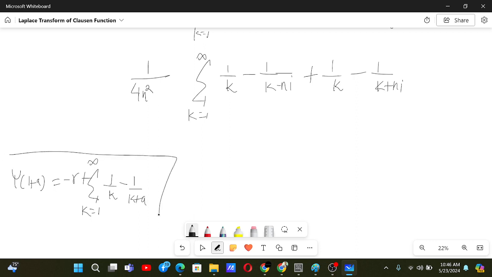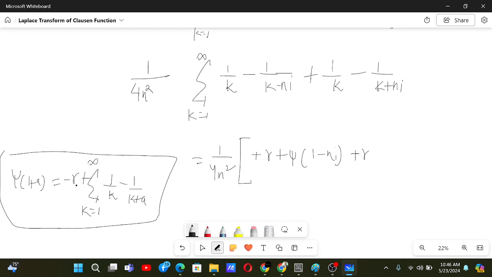Using this definition, we can say that the sum will be 1 by 4n square, and then minus Euler-Mascheroni constant plus digamma of 1 minus ni in place of a, and over here again this is also minus Euler-Mascheroni constant. If it goes to the other side, it will be plus. So this will be plus Euler-Mascheroni constant plus Euler-Mascheroni constant, because we are finding the sum and this goes to the other side, so it becomes plus. And then digamma of 1 plus ni.